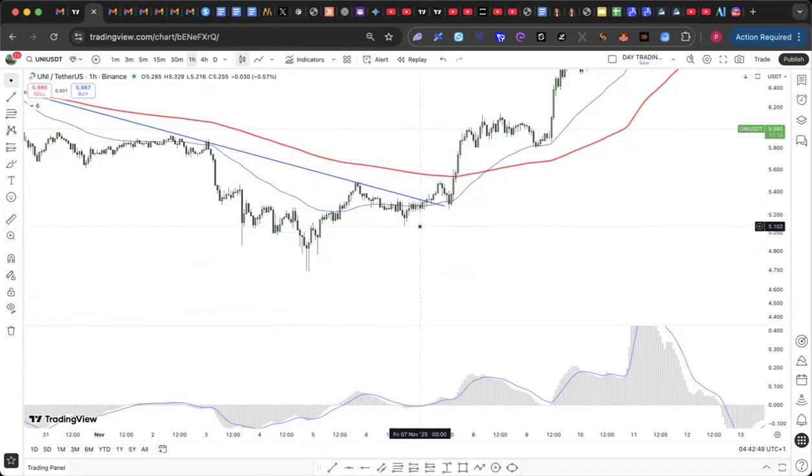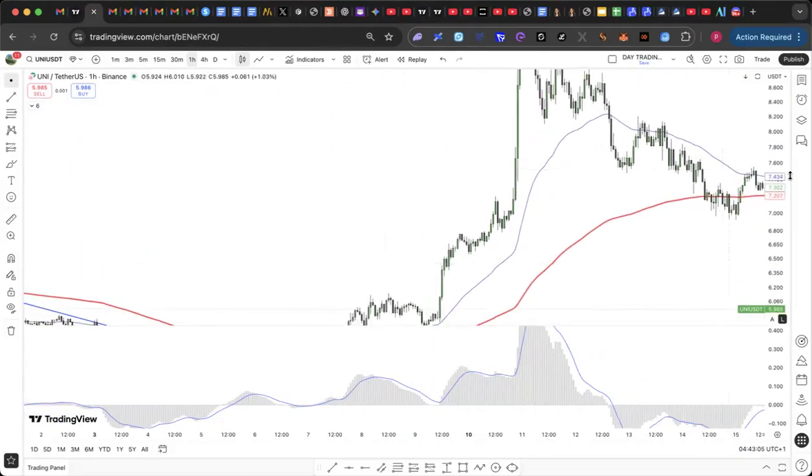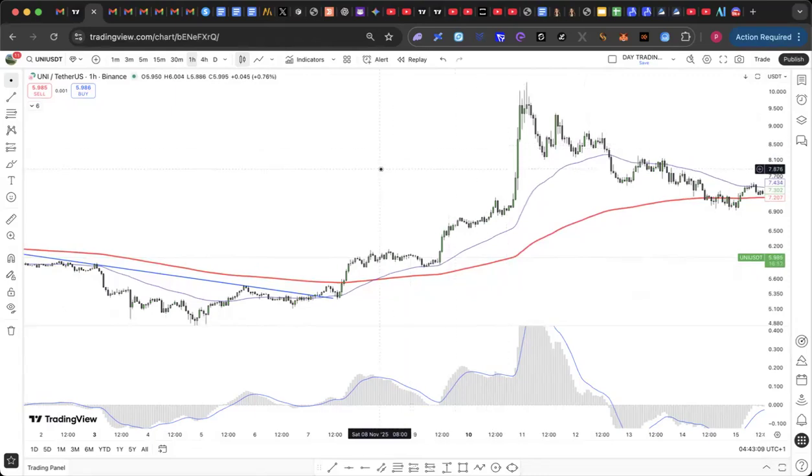When it closes, that is a sign for buy. The moment you cross above the 50 and 200 together, that's a very bullish sentiment. So you allow the market to run to your desired take profit.